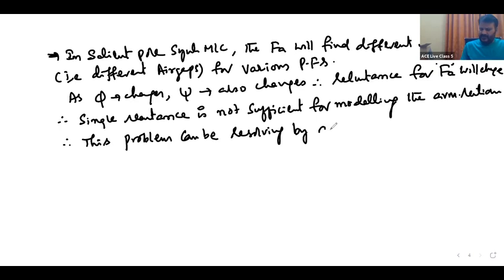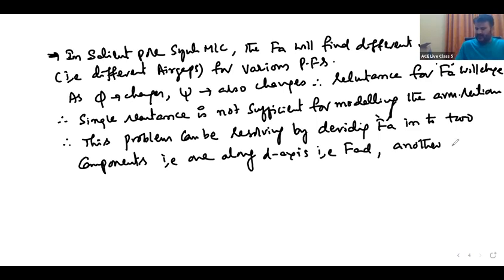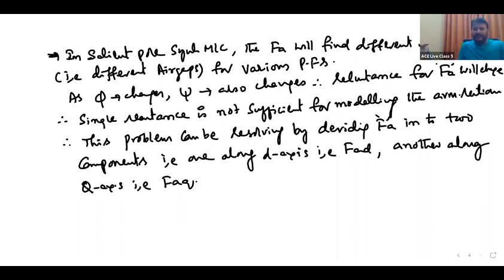By dividing FA into two components, one along the direct axis, that is FAD, and another along the quadrature axis, that is FAQ. Therefore, the armature reaction can be modeled.